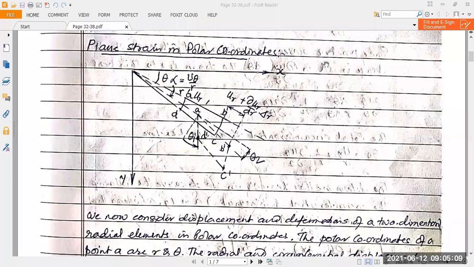Now, besides this Cartesian coordinate system, we use another coordinate system defined as polar coordinates. In the x, y, and z Cartesian coordinate system, we take into account the linear dimensions, the linear distance of a respective point from three different axes.